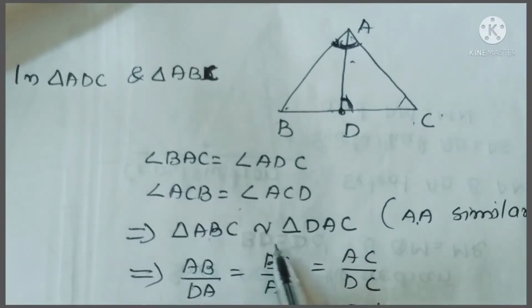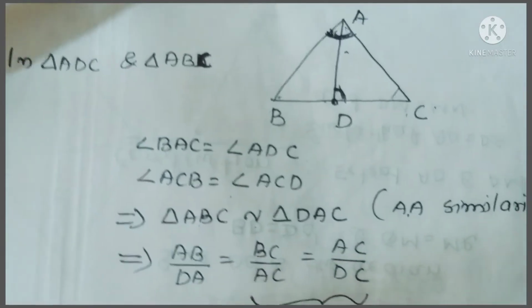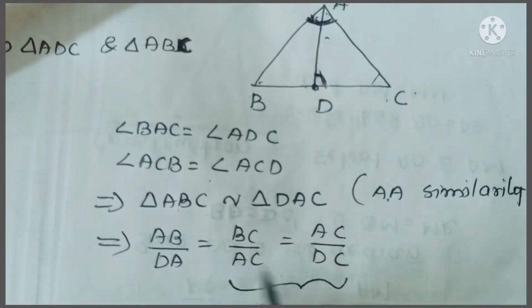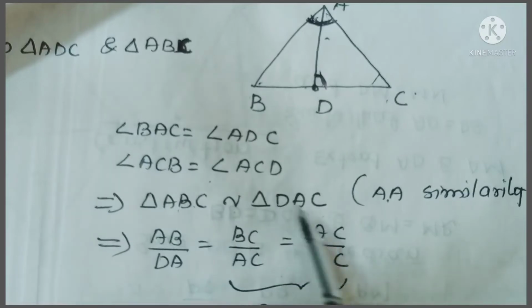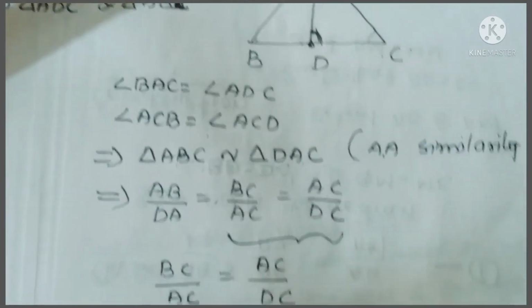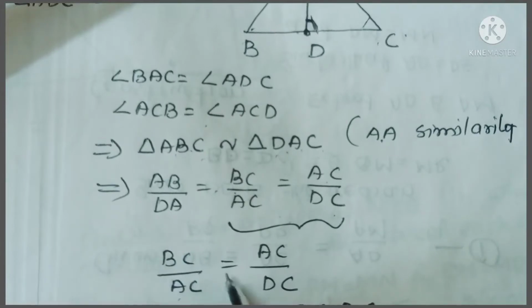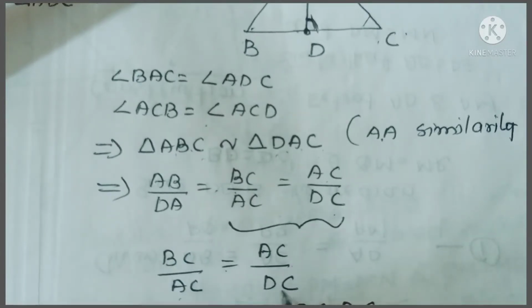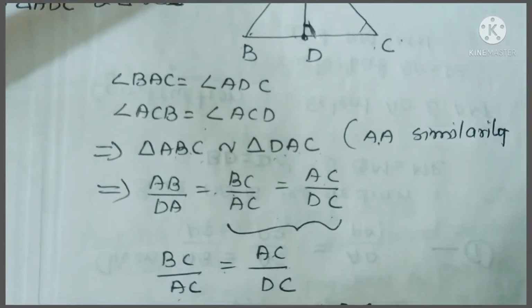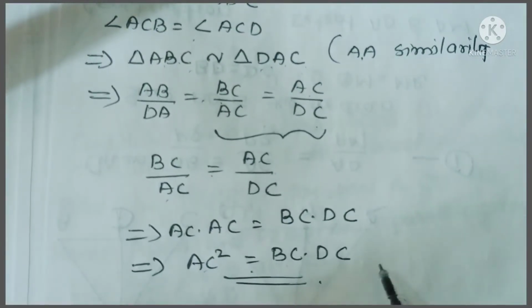Therefore, triangle ABC is similar to triangle DAC by AAA similarity. Then we can take the ratio of their sides. That is, AB by DA equal to BC by AC equal to AC by DC. Then take the two ratios BC by AC equal to AC by DC. Cross multiplying, we will get AC square is equal to BC into DC.